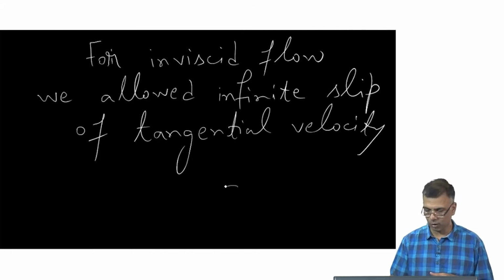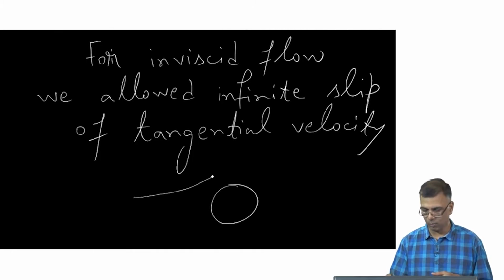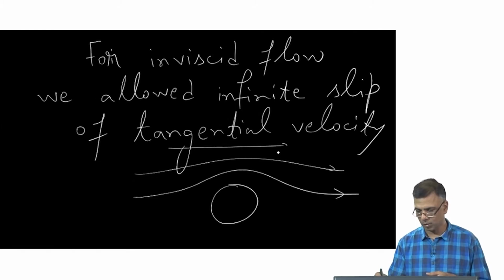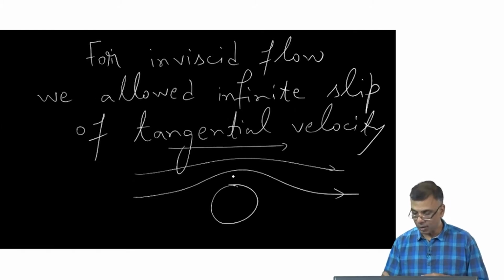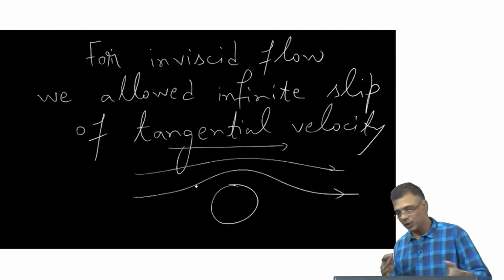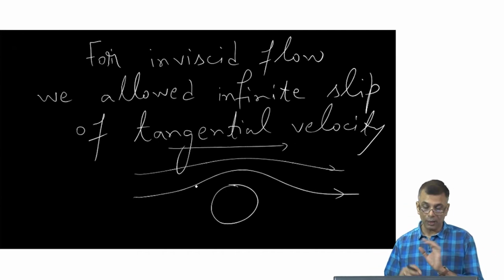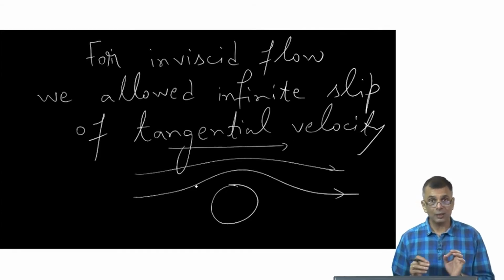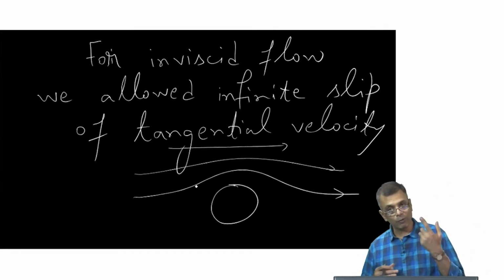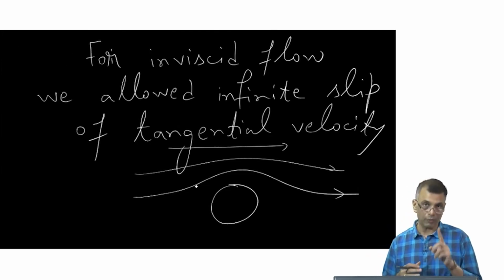If you have a sphere, which we have drawn many times earlier, at the surface of the sphere you were allowing the fluid to slip as much as it wanted to. That is allowed only for inviscid flows, where you need to specify only one boundary condition on the velocity.